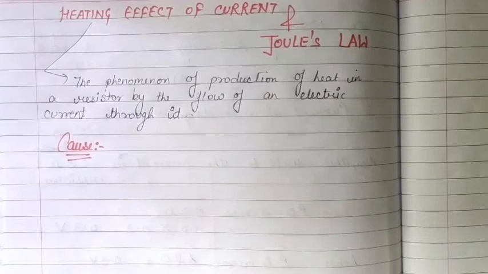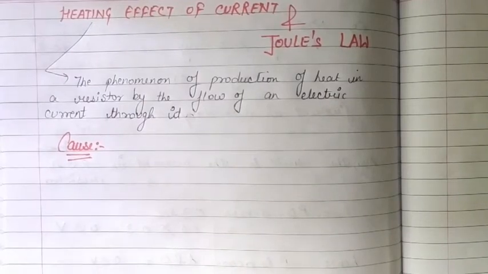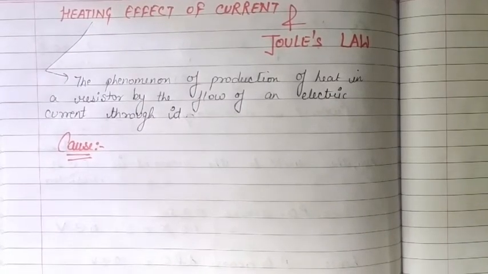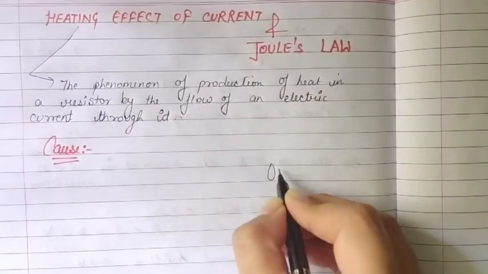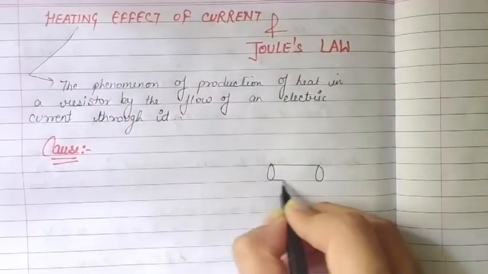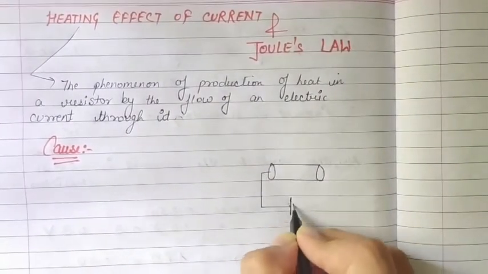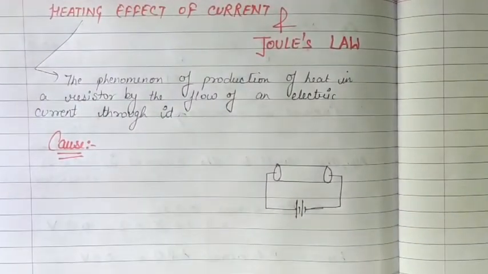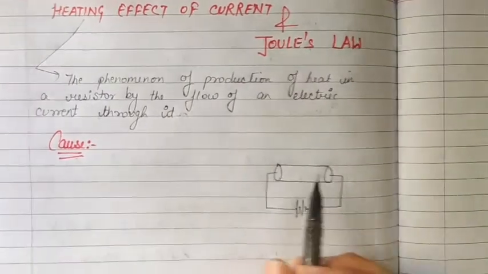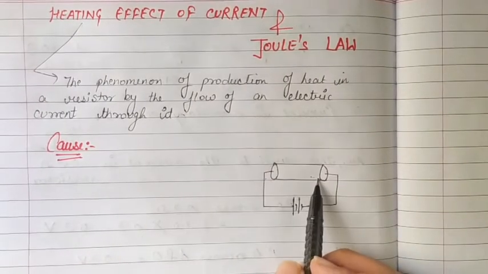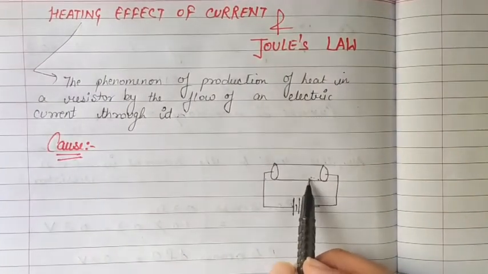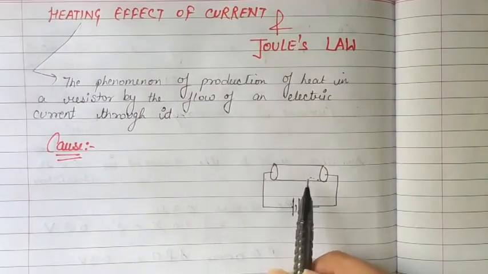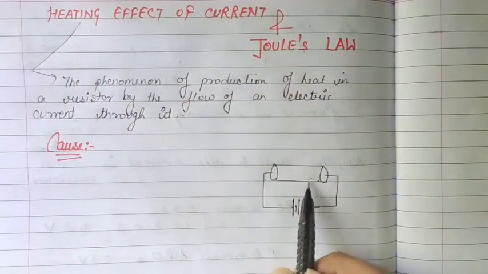We have studied earlier in the videos that if we have a conductor connected to a cell or a battery, then a potential difference is applied across the ends of the conductor, and its free electrons get accelerated in the opposite direction.